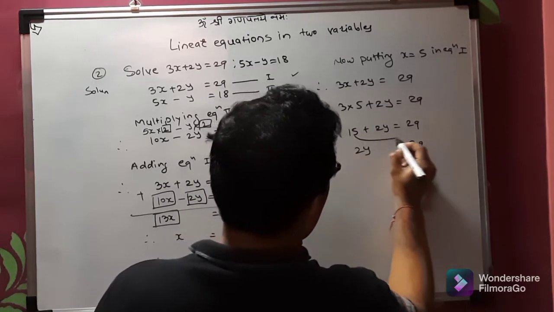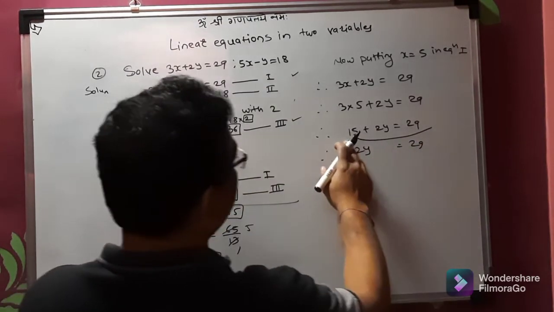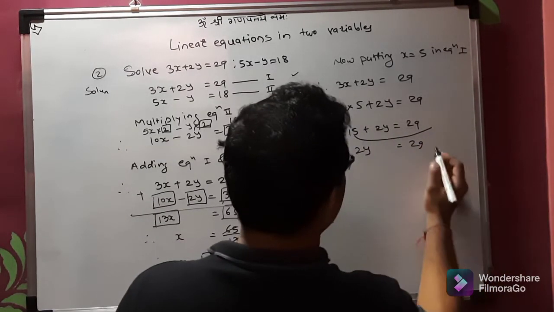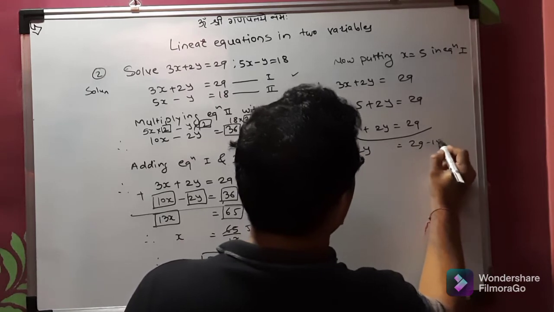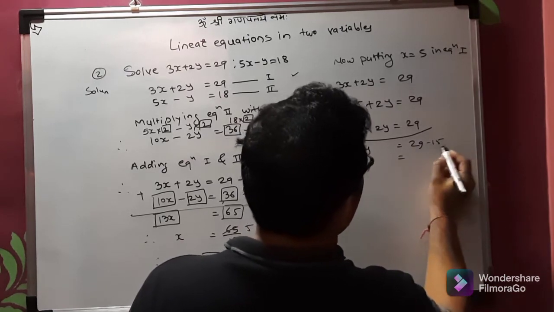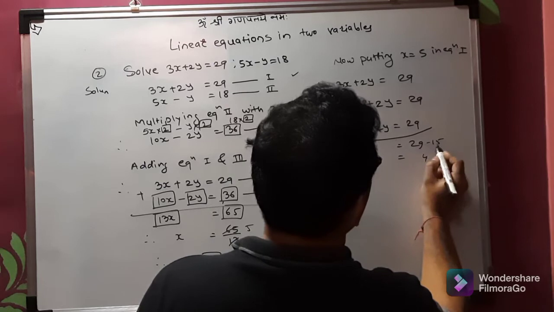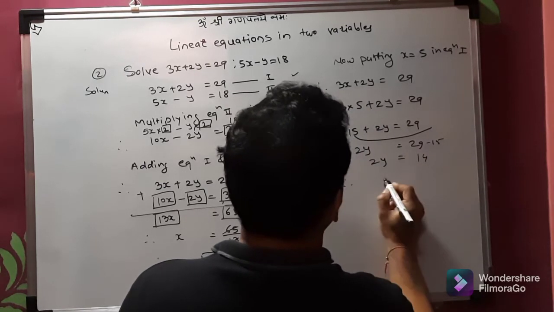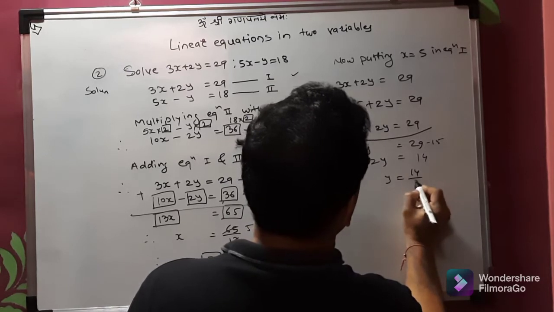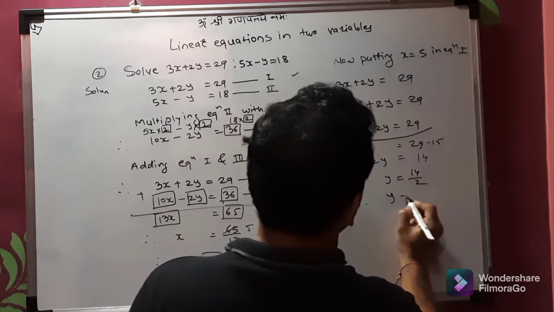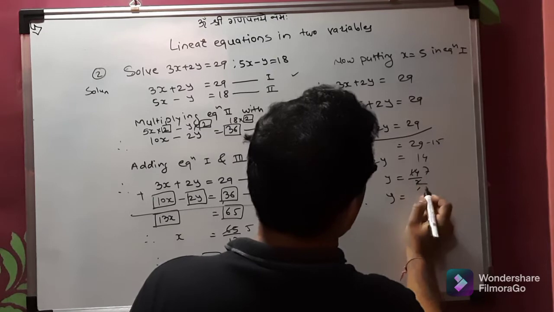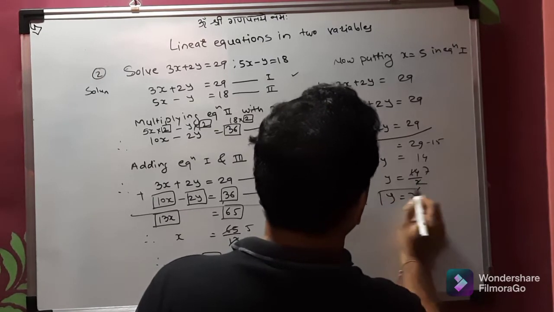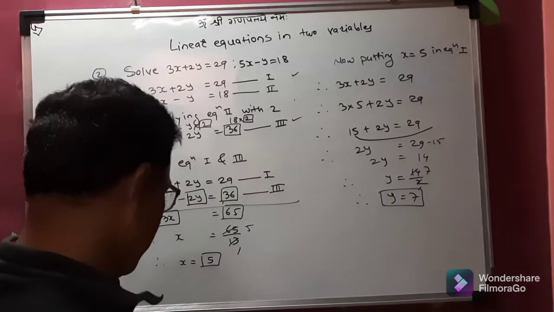We will take this 15 to the right hand side. So 29 minus 15 is 14. This is 2y. So y is equal to 14 upon 2. So y is equal to 7.